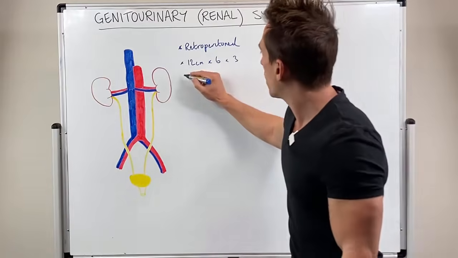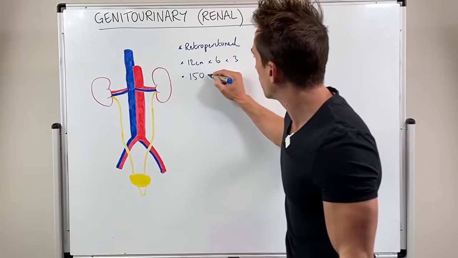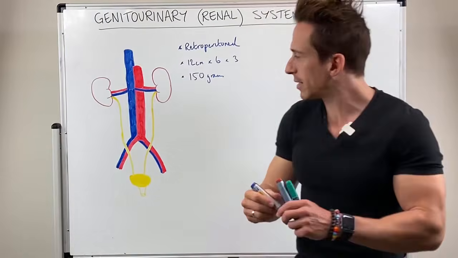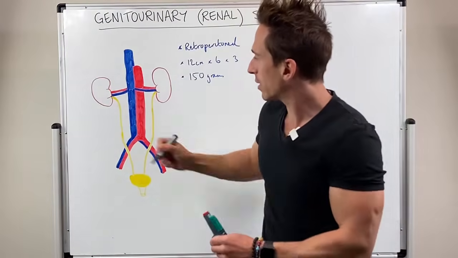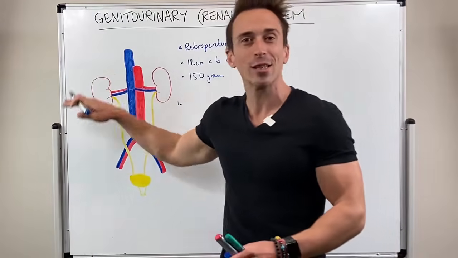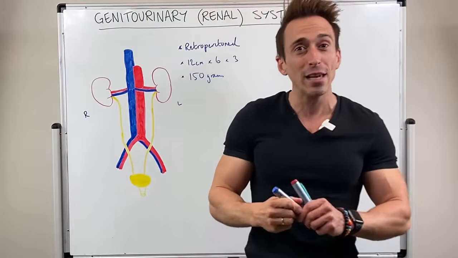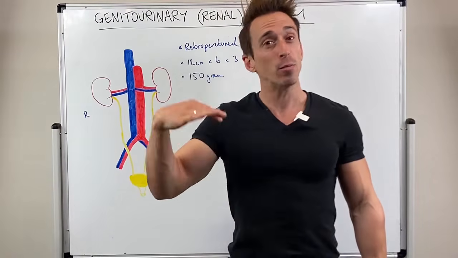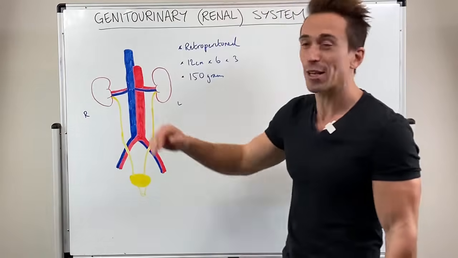They weigh around about 150 grams. And interestingly, what you're going to find is that the kidney on the right, so again this is the right kidney, compared to the kidney on the left, actually sits lower. And the reason why is because our liver, that big organ, is sitting above it on the right. It's pushing it down. So the right kidney is actually lower.